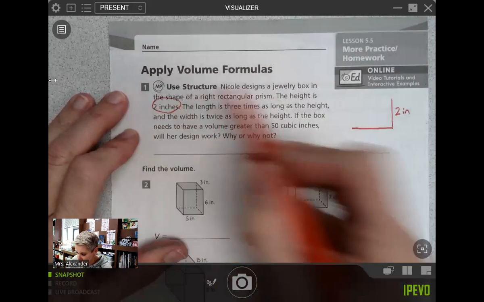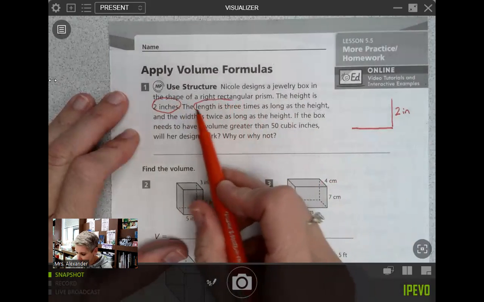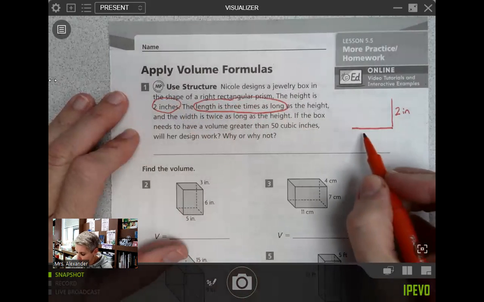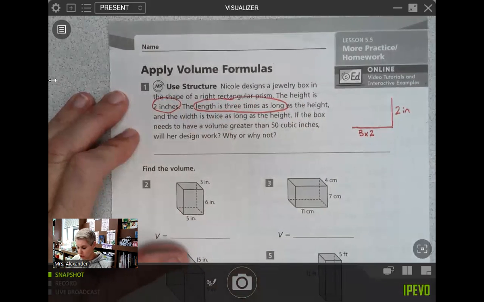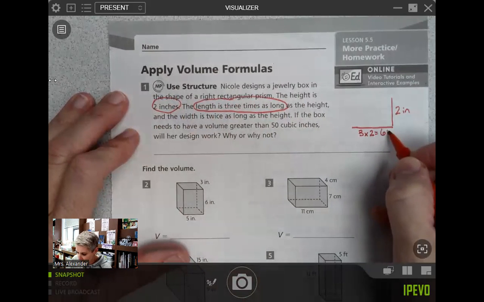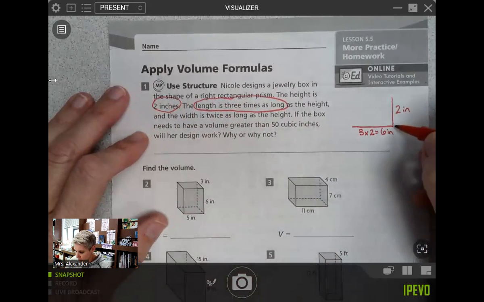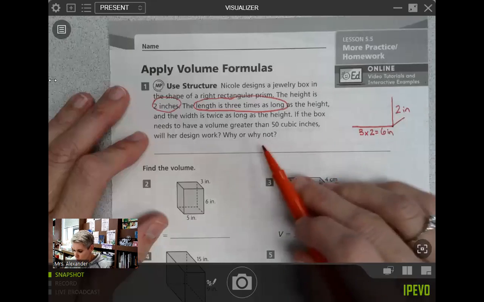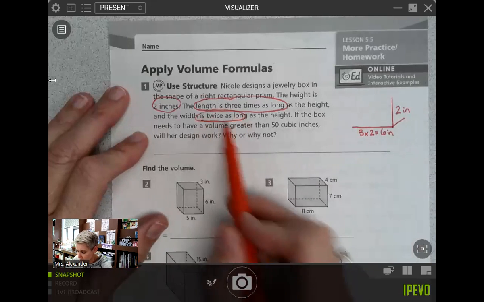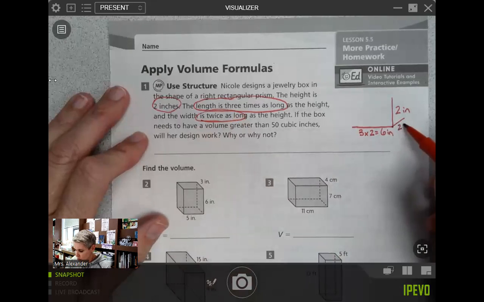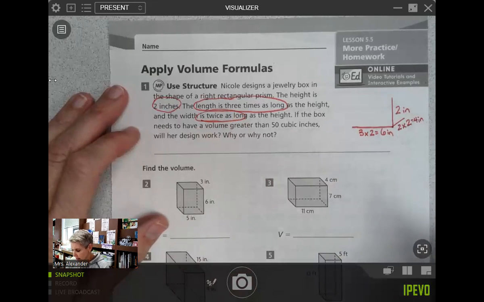So I've got my 2 inches, and my length is 3 times as long. If I think of 3 times as long as 2 inches, that tells me the length is going to be 6 inches. And then the width, how it goes kind of back, is twice as long as the height. So again, twice as long as our height. That means my width is 4 inches.